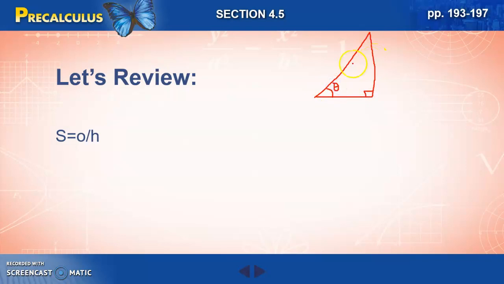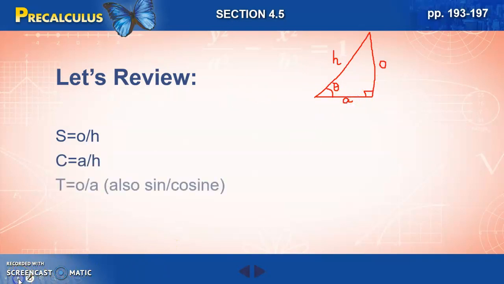This is our angle, our theta. We know that the sine of an angle is equal to the ratio of the opposite side over the hypotenuse. And we know the cosine of an angle is equal to the adjacent side over the hypotenuse, and we know the tangent of an angle is the opposite over the adjacent. It's also our sine over our cosine.